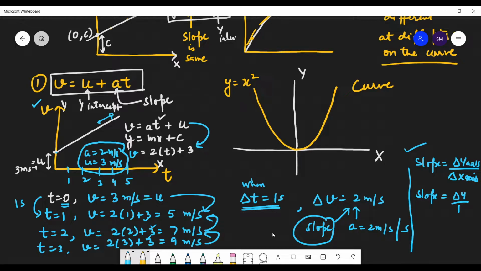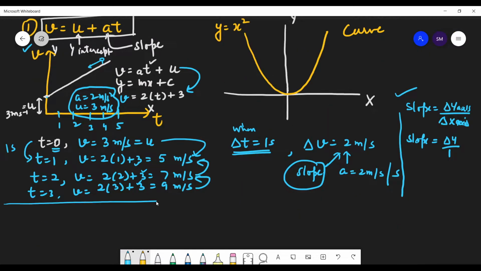Now let us take the second equation of motion. S is equal to ut plus half at square.